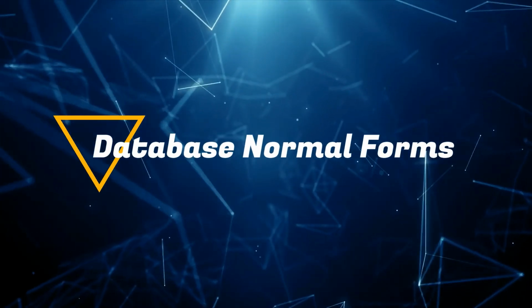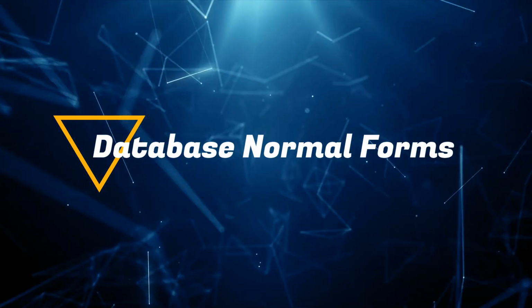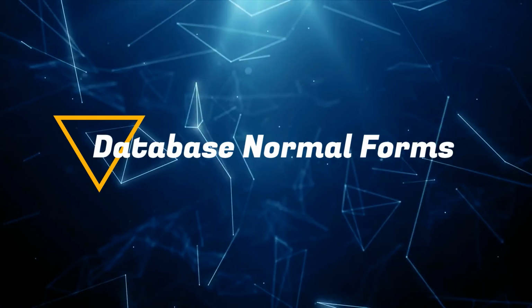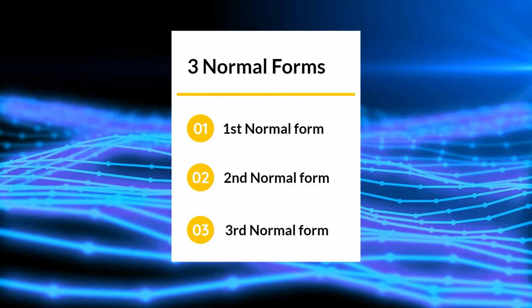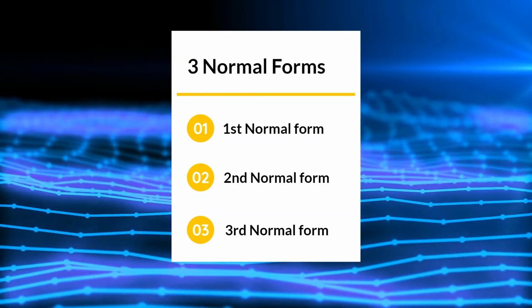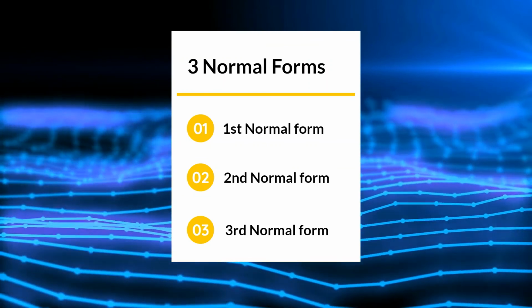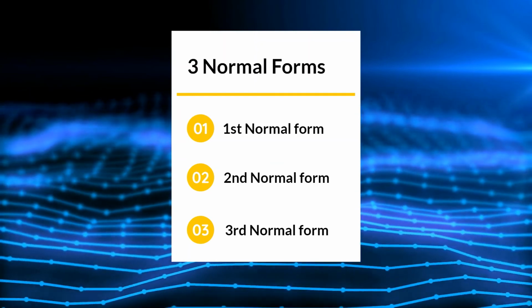Let's learn about the database normal forms now. The 3 normal forms you have to learn according to your syllabus are first normal form, second normal form, and third normal form.